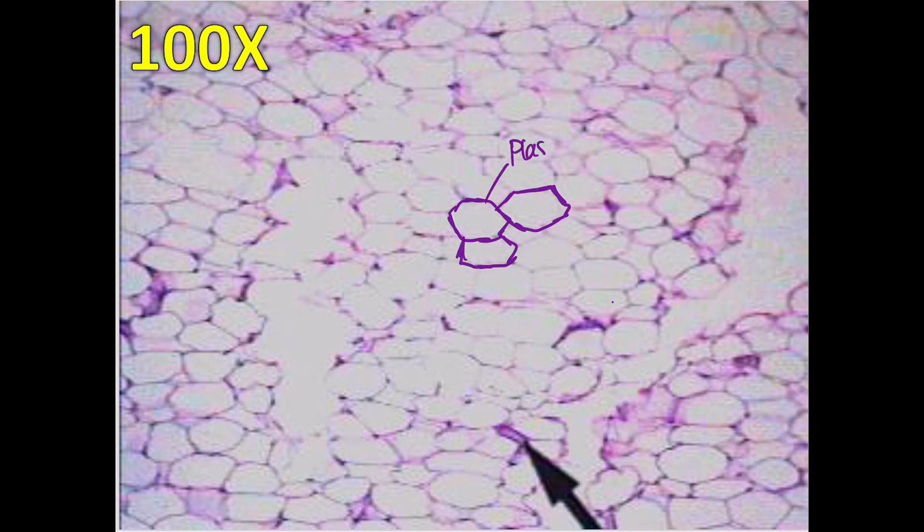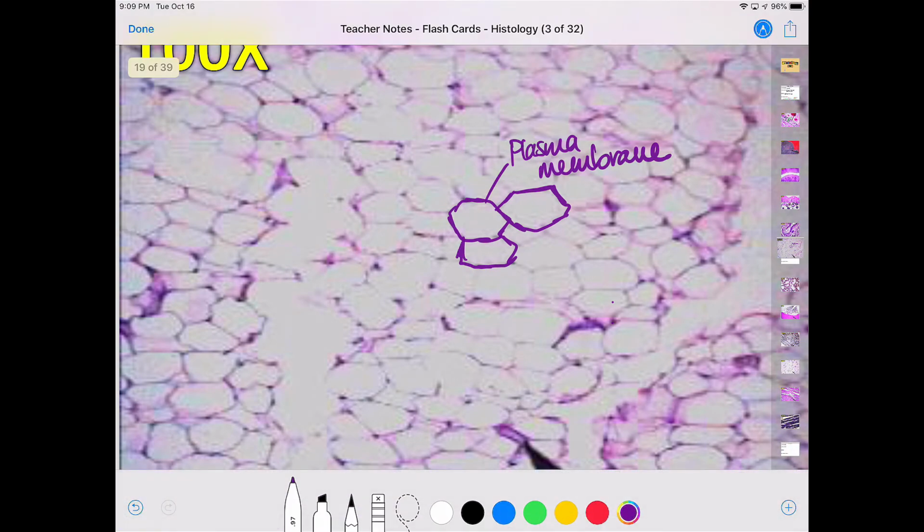So plasma membrane. And that's the only part that's going to be dyed. The rest of it in this picture, the center part, right there, that's all lipid substance. That's why it's not dyed.